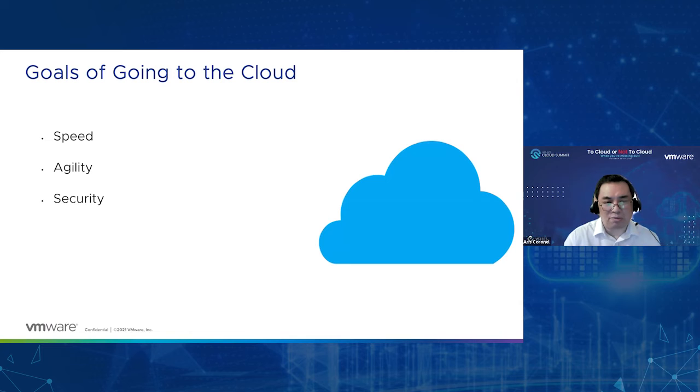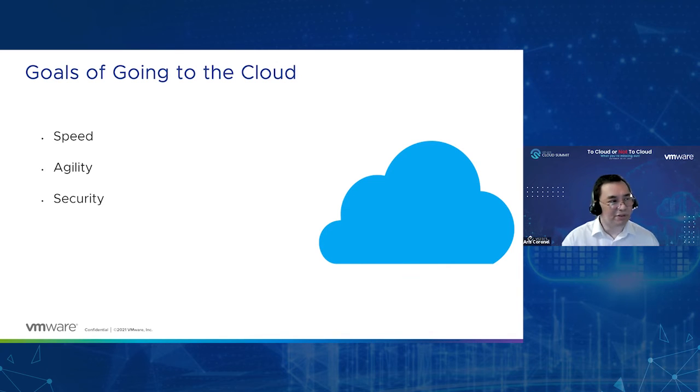Then first, let's talk about some of the goals that people have in going to the cloud. The first would be speed, right? Of course, in the cloud, you can deploy faster, you can patch faster, you can be more agile in the cloud, you can respond to business decisions quicker, or you can adapt.